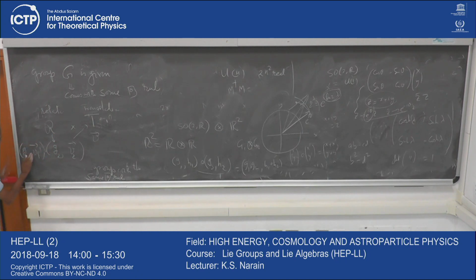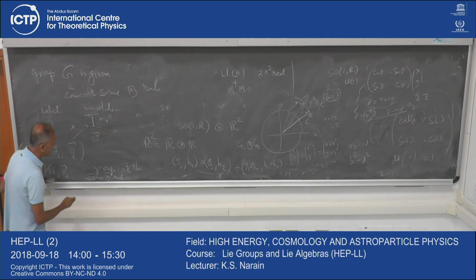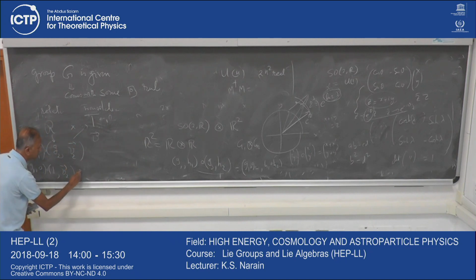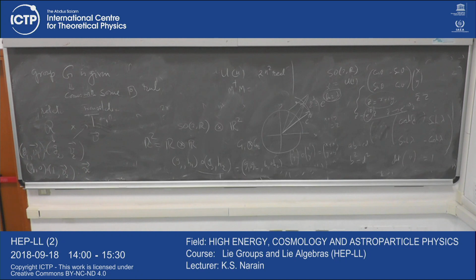So you see what happens. Let's take a simple case. Let's take G1, 0. This is one particular element, no translation here. And here, no rotation, so identity, and some V2. Now let's say this acts on some vector X, again a vector in this space.